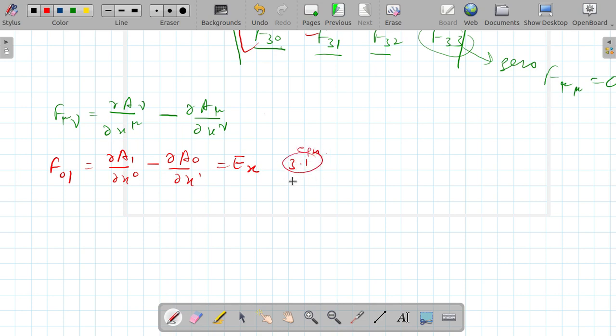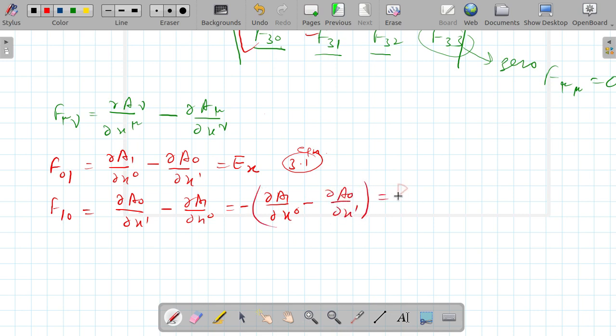Similarly, F10 is curly A0 over curly x1 minus curly A1 over curly x0. The negative can be taken outside, and this is basically negative of Ex, right? I have used the same equation again. Let me call it equation 6.1.